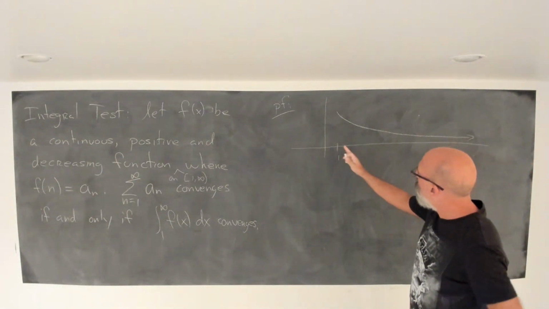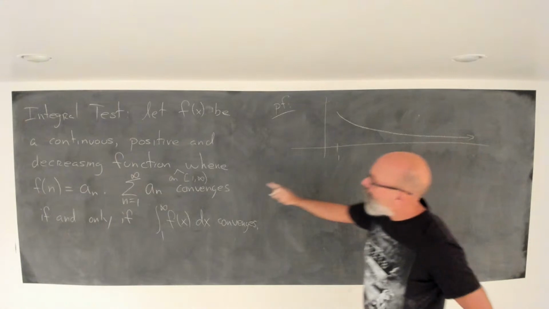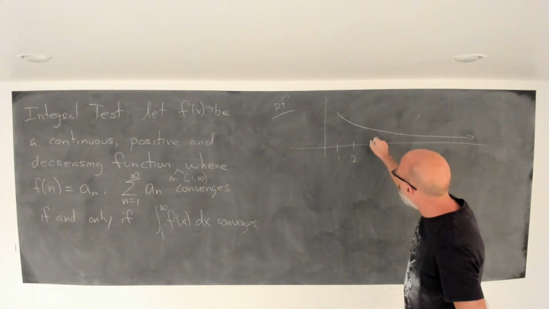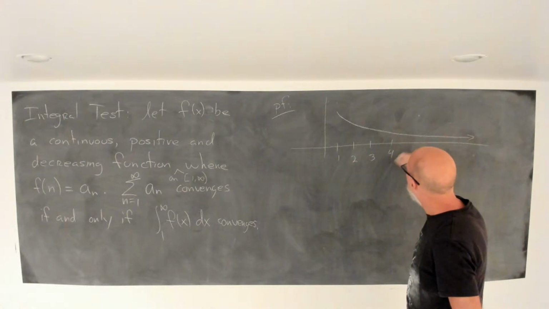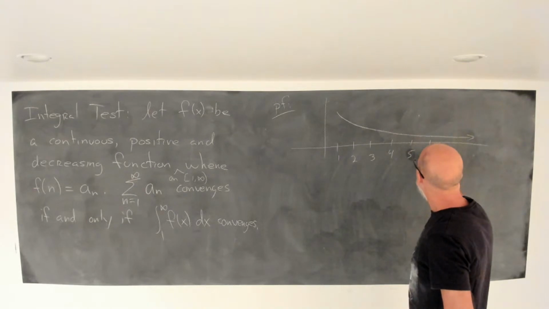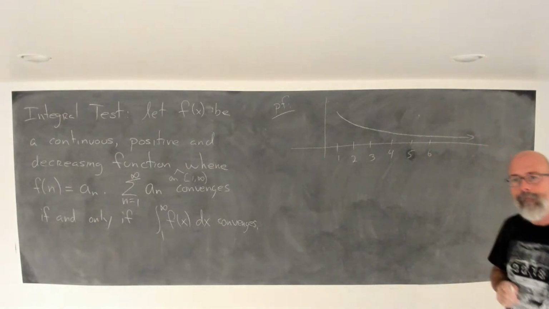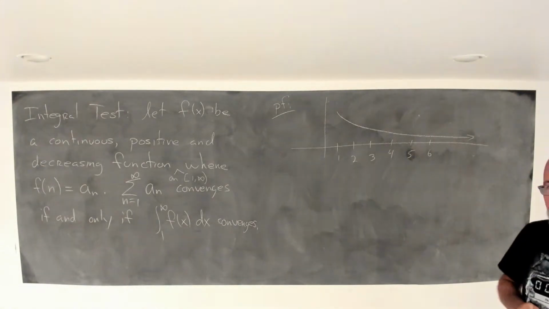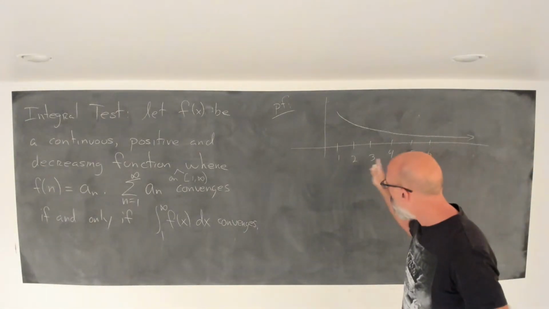What we're going to do is partition the interval 1 to infinity into a regular partition where each subinterval has length 1. And let's calculate using this partition.